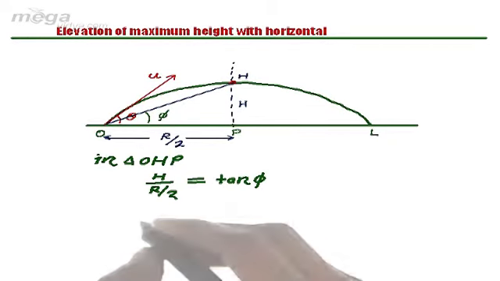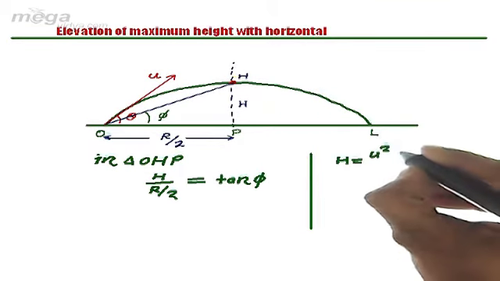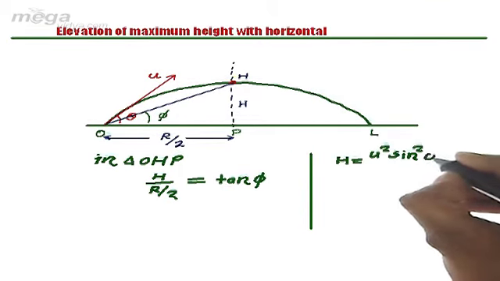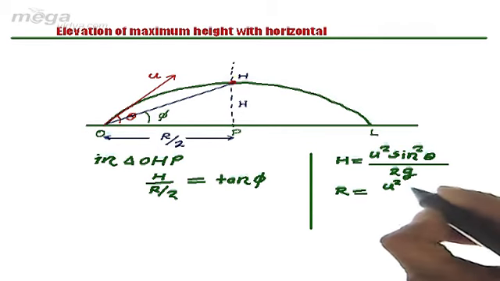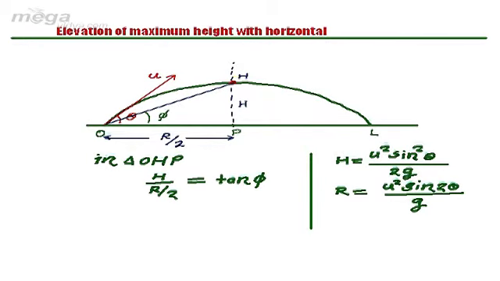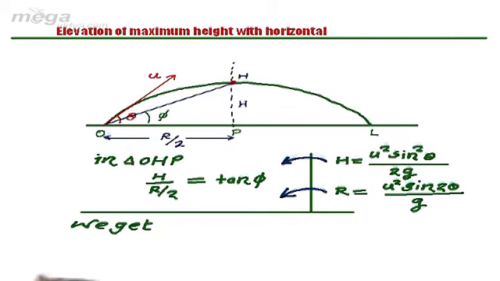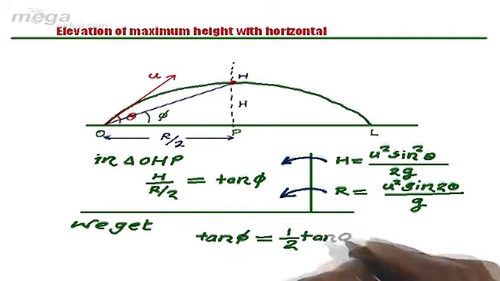We can write the value of H as u square sine square theta divided by 2g, and the horizontal range R as u square sine 2 theta divided by g. Putting these two values in this equation, we get tan phi equal to 1 by 2 tan theta.